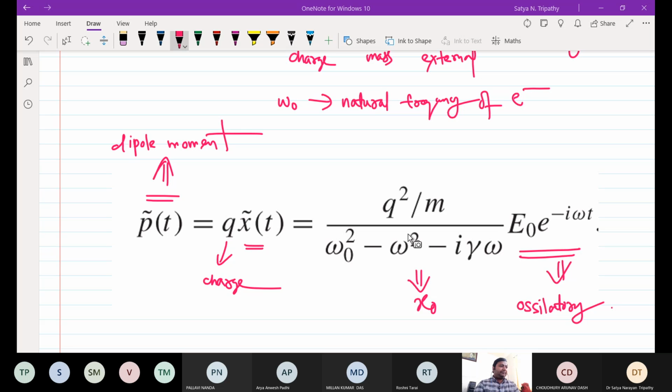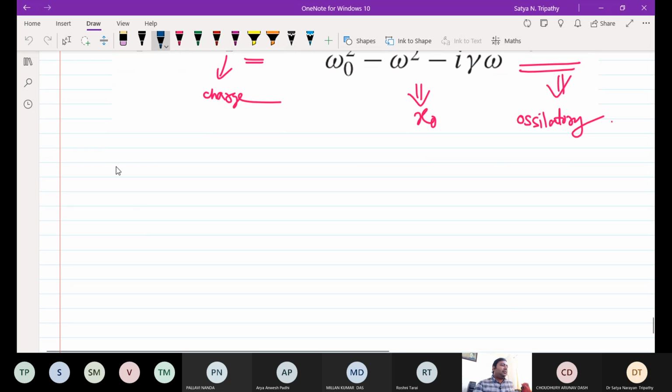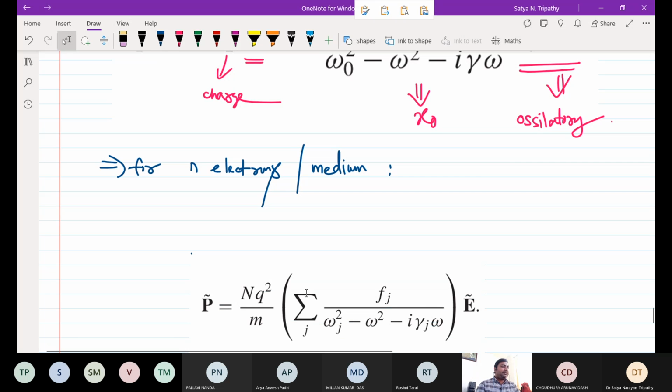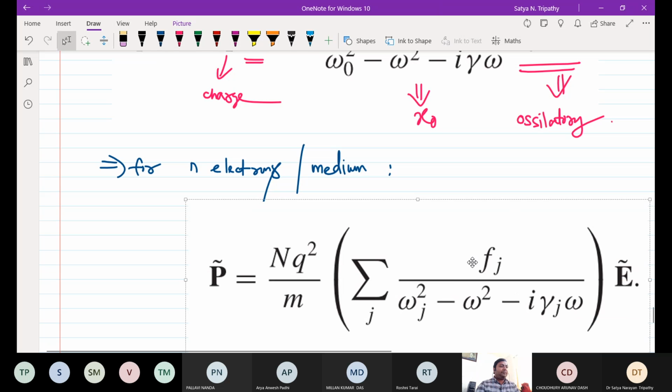So next is, because there are n number of electrons, I am going to write a general expression now. This is for a single electron. For n electrons, or for a medium, we can write this expression, which is a better expression for a medium.